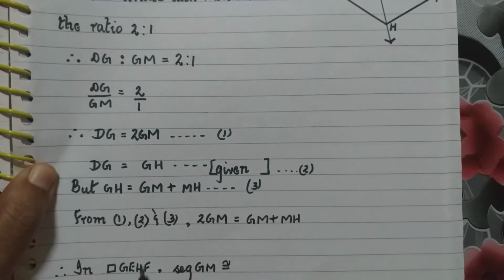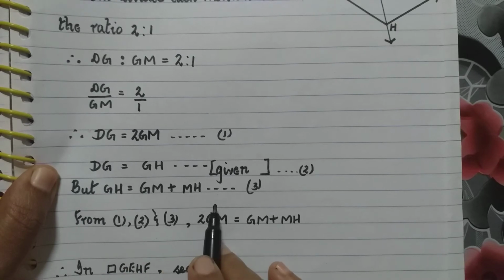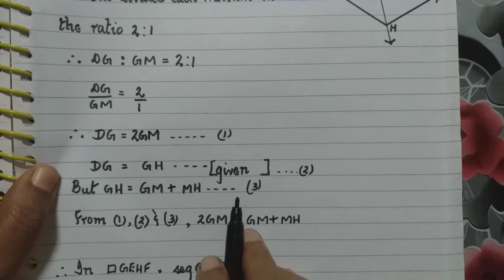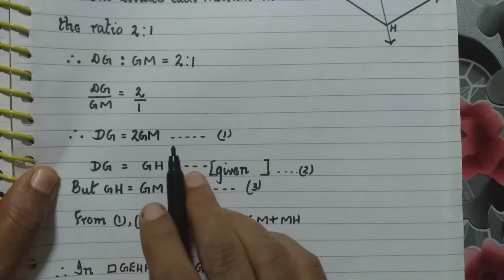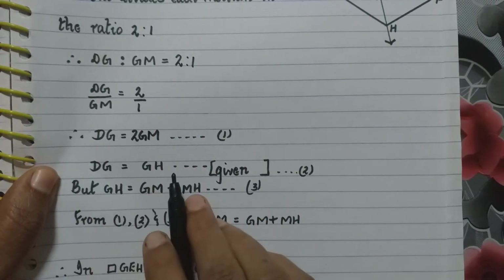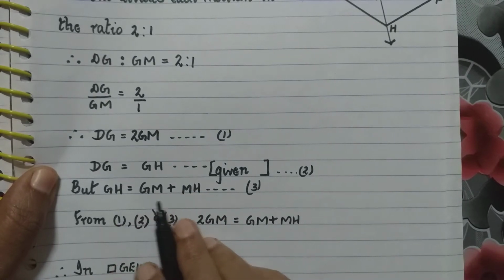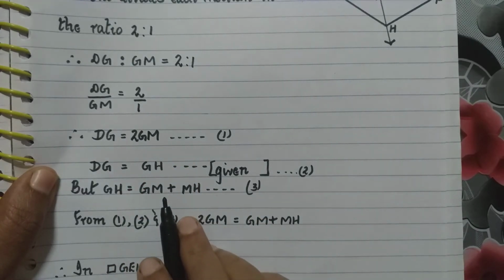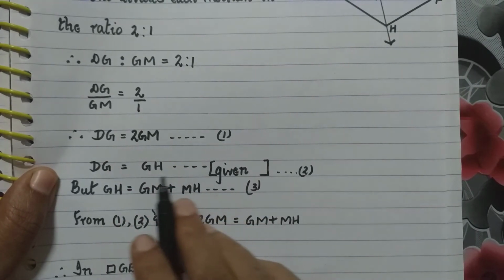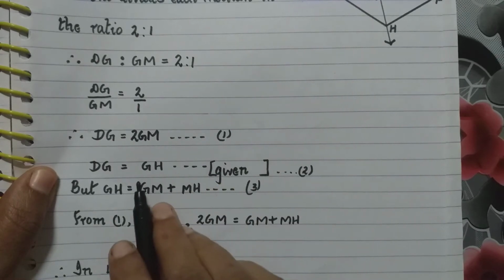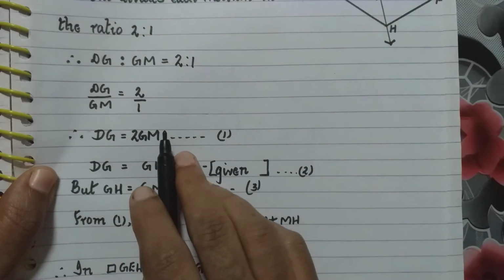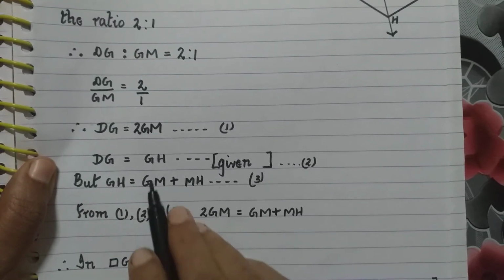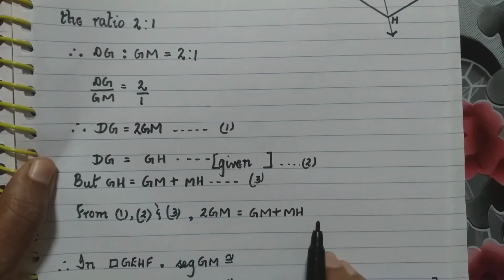So considering all these three, DG equal to 2GM, DG equal to GH, but GH is equal to GM plus MH, we know that GH would be 2GM. But in place of GH, I can also write GM plus MH, right? So I can say 2GM is equal to GM plus MH.